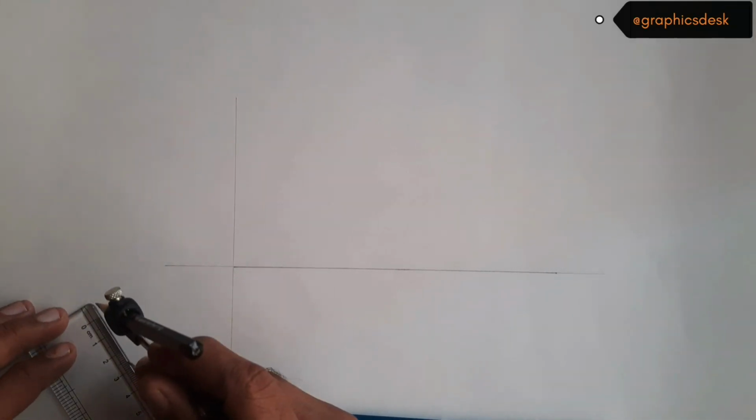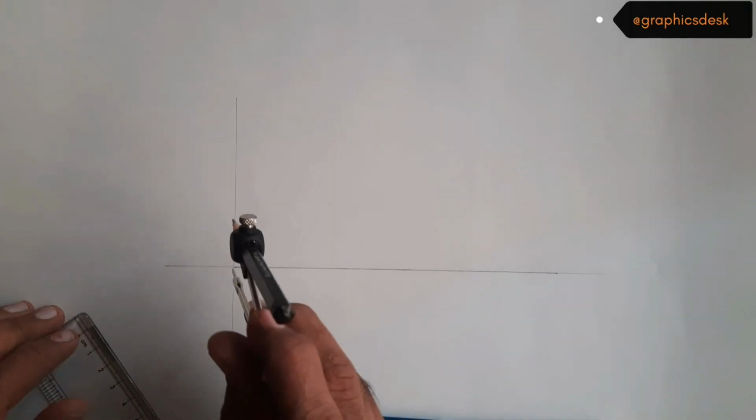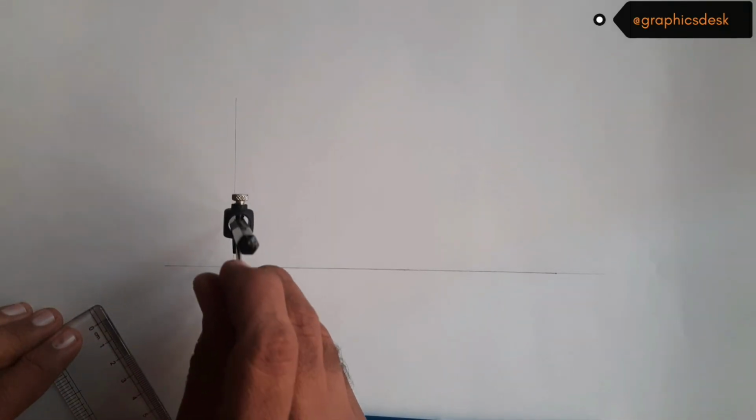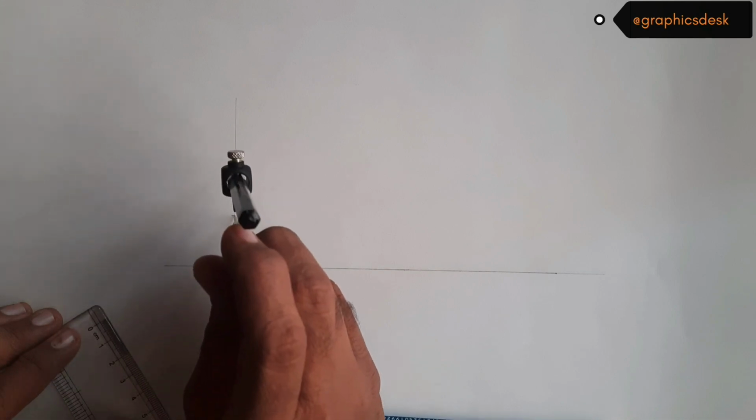Now let's draw the circle here. 50 diameter means 25 would be the radius of it. Let's measure 25 and locate the center from this point, and draw a circle with this as the center.